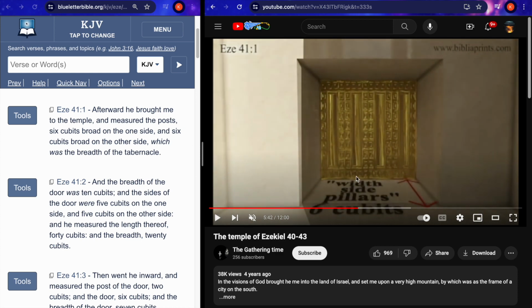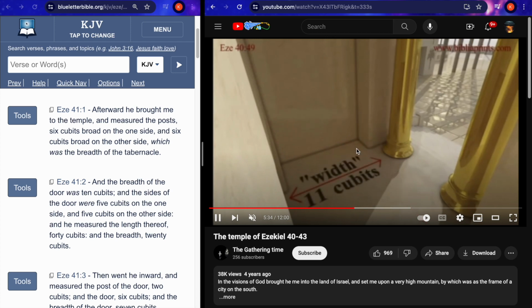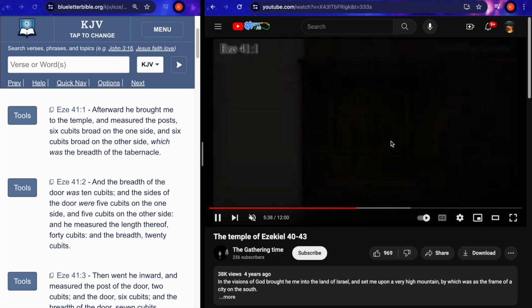So it says afterward, and let me take it back a little bit to where we left off in chapter 40. In chapter 40, it led us all the way up onto the stairs before you actually go into the temple. I believe the holy place is what it is.